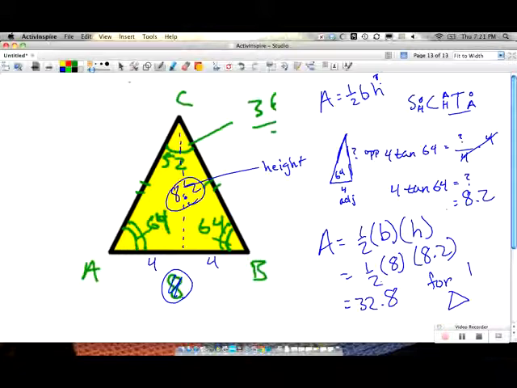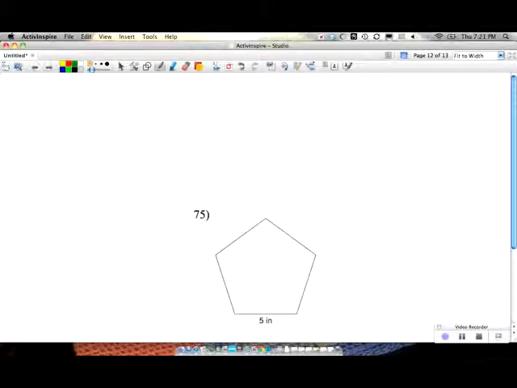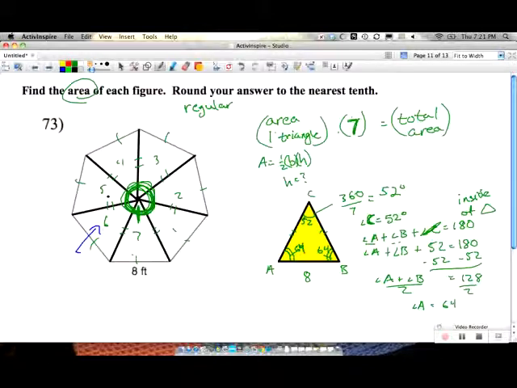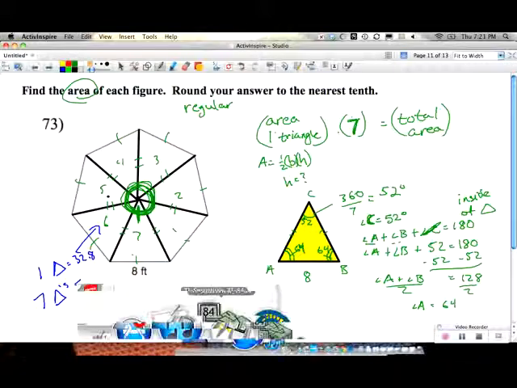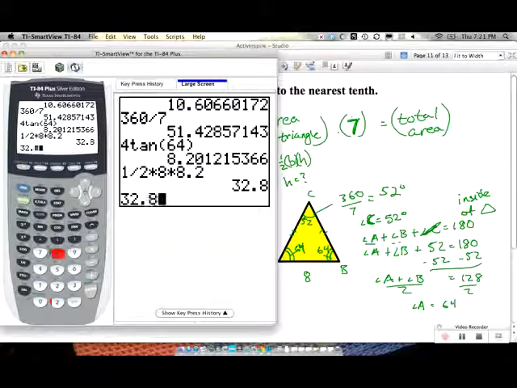Let's multiply that answer by 7. 32.8 times, whoops, we got to go back one and change this division to a times 7. There we go. Press enter. 229.6. The answer is 229.6. Now the units in this case is feet, so we're talking square feet or feet squared.